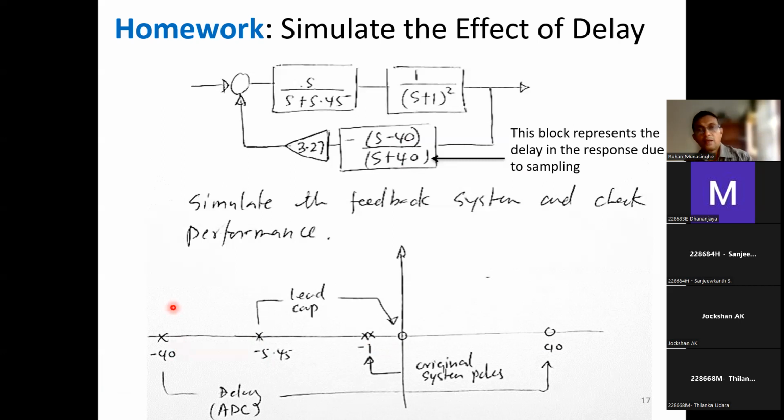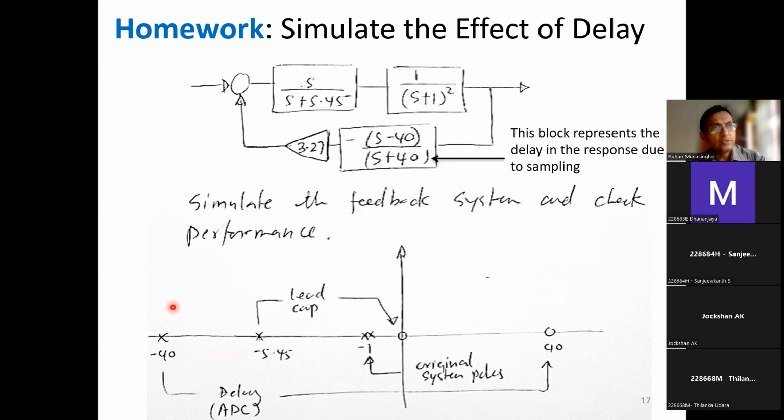Now see, your equivalent discrete time plant is much more complicated than the original plant. So that is why we need to simulate all these blocks, the delay and everything else, and see for ourselves how the response changes.